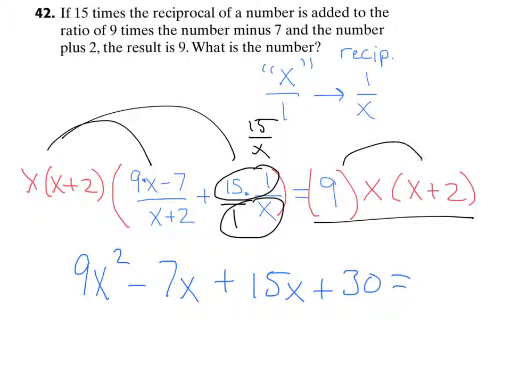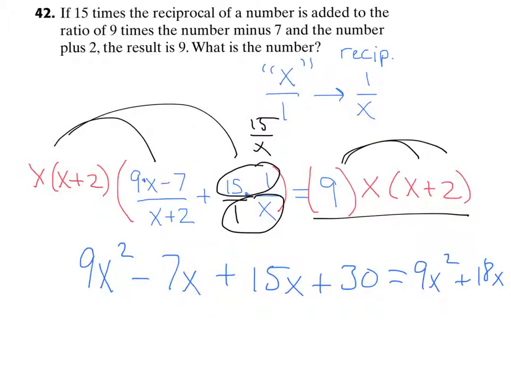So, whoosh, whoosh. And what do you get? You get 9x squared. That works out nice, because there's the same amount on both sides now. Plus 18x. So you're going to subtract 9x squared from this side, but there's the same amount on that side, so the x squared terms are going to be gone.